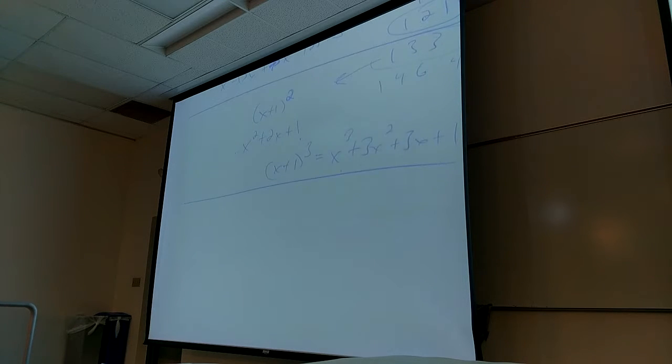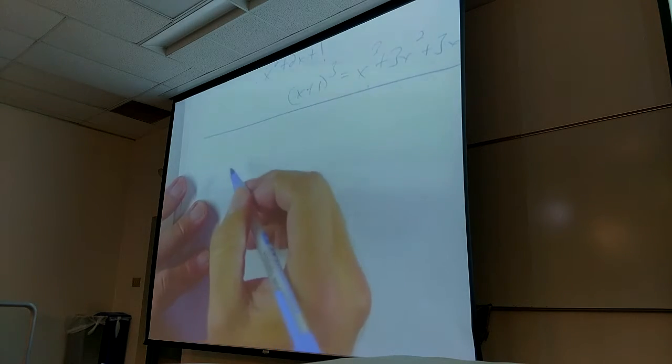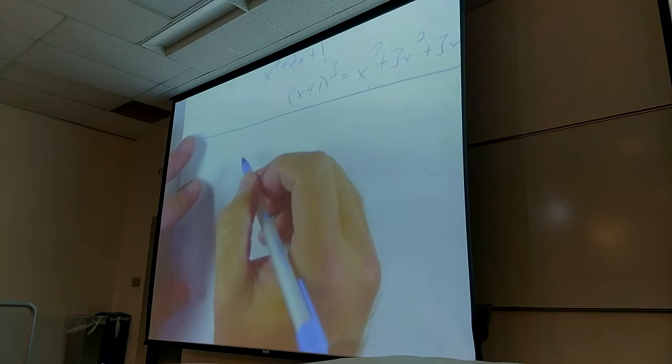Okay, so coming back to what we got to worry about for this class. All right. One last one here. I'll do this together with you because this is the ultimate evil one.